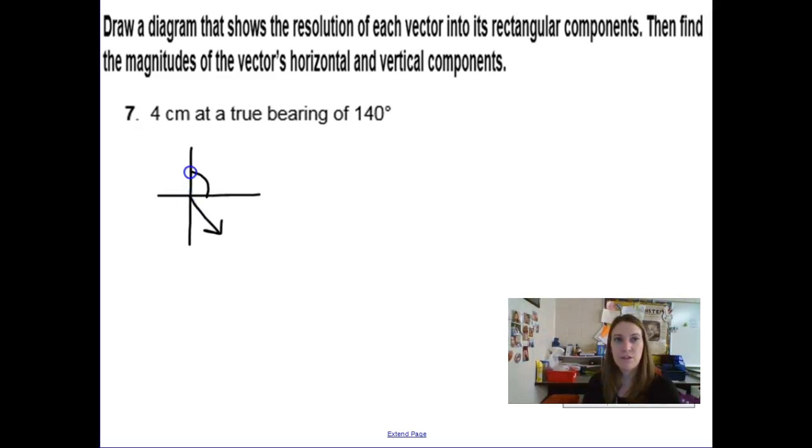So if this is 140 degrees, then I need to figure out the angle it makes with the positive x-axis. So just from here to here. So 90 from 140 is 50 degrees, but it's negative 50 degrees, isn't it? It's going down from the positive x-axis.